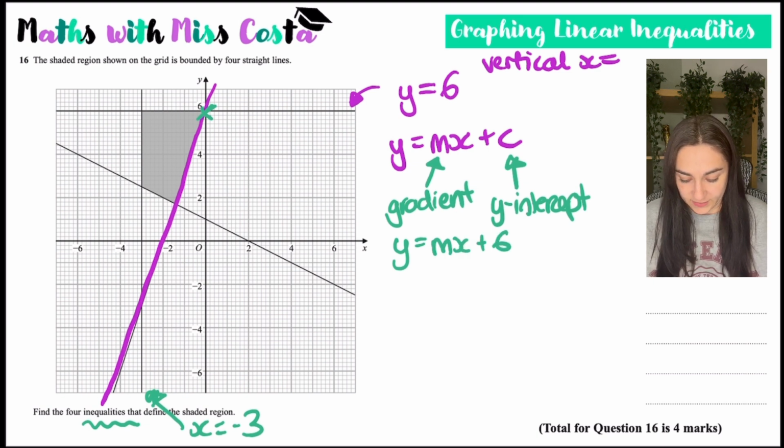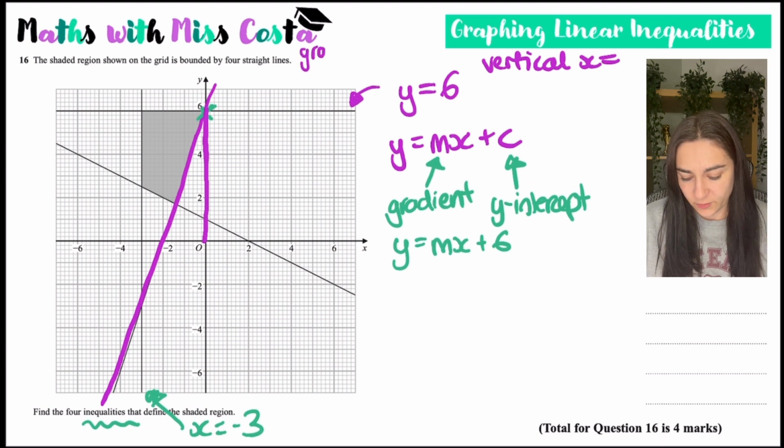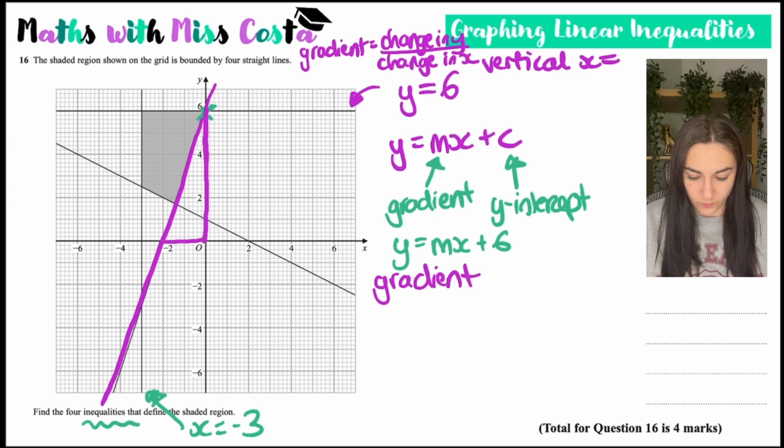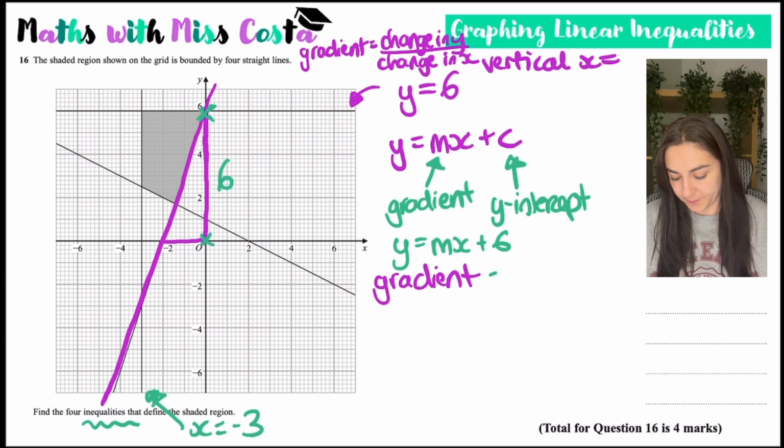And then what I need to do is work out the gradient of this line. How do I do that? If you may have forgotten, the gradient is the change in the y coordinates over the change in the x coordinates. So I form a little triangle and find the change in the y coordinates. From 6 to 0, that's a distance of 6.